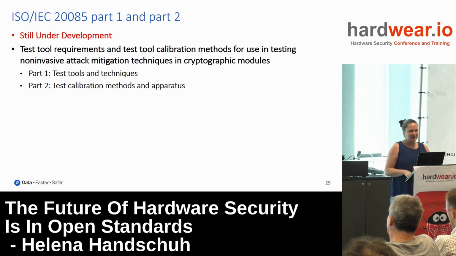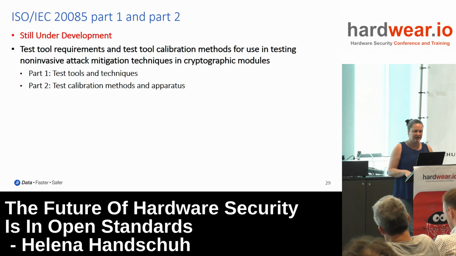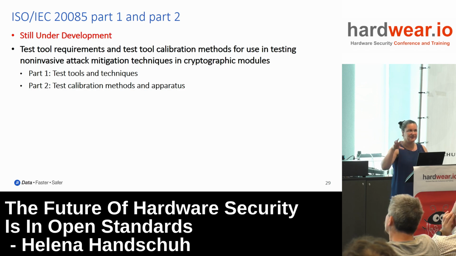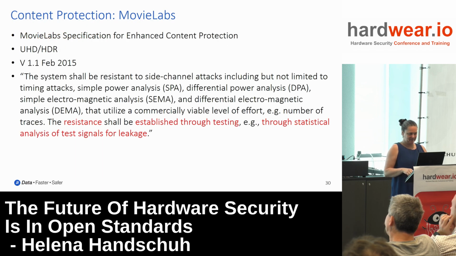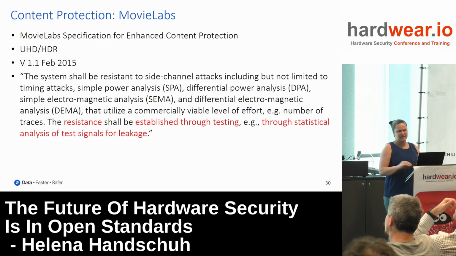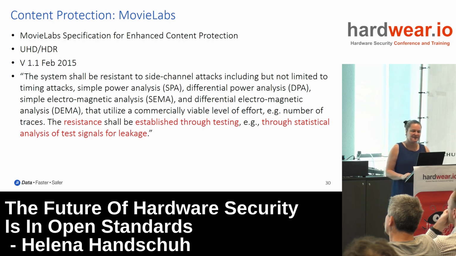Still being worked on, 20085, Part 1 and Part 2. Test tools and techniques for Part 1 and calibration methods for Part 2. Under development, but all of the pieces are there. We just need a little bit more work. Okay. So there's a couple other areas where such tests and such requirements start getting mentioned.